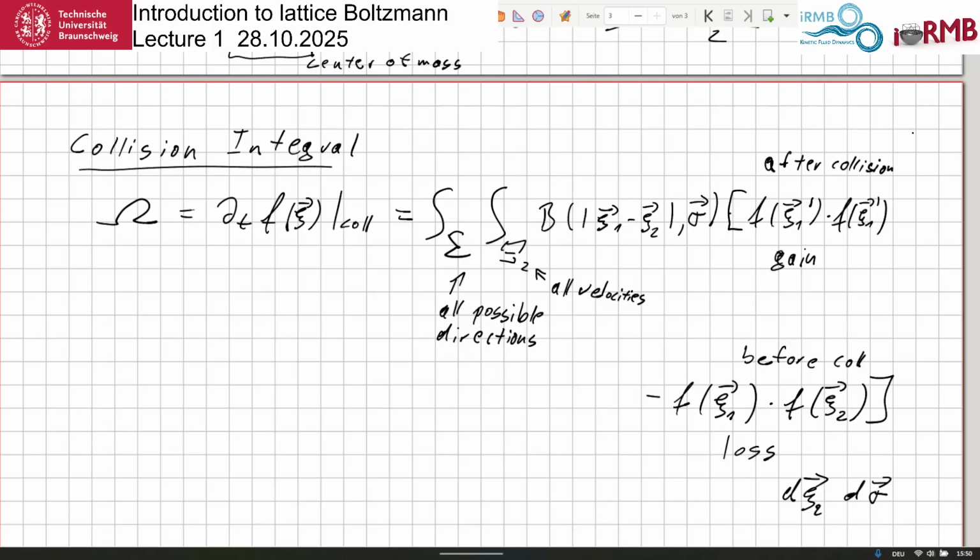Okay, I see different levels of confusion in your faces. Everybody following? I think the after collision term should be f(xi_1 prime) times f(xi_2 prime).